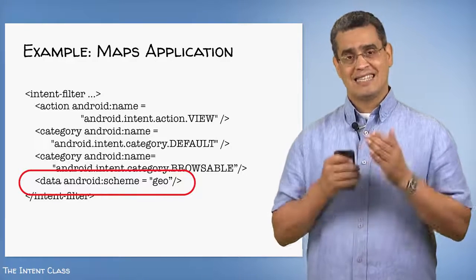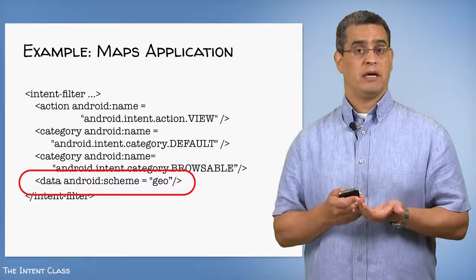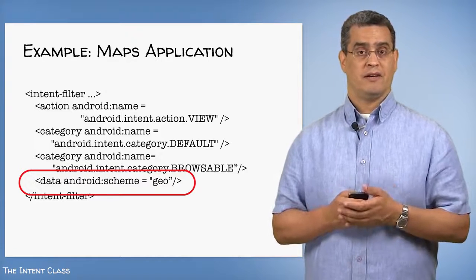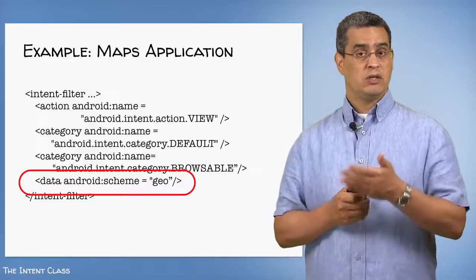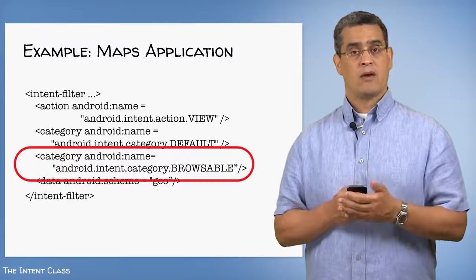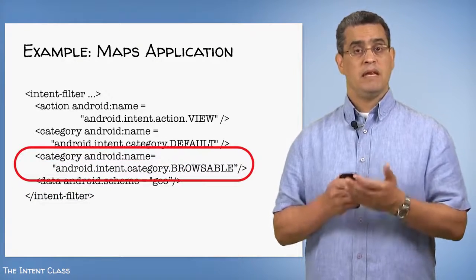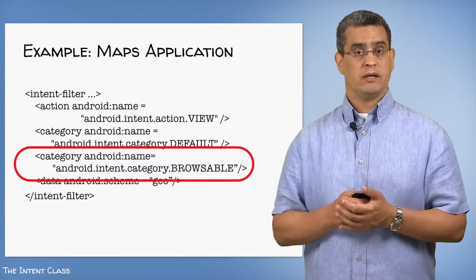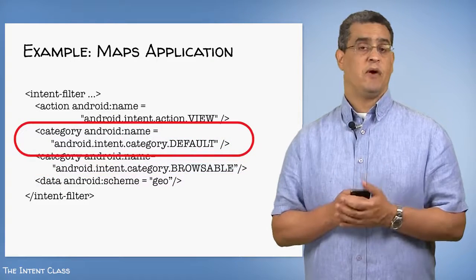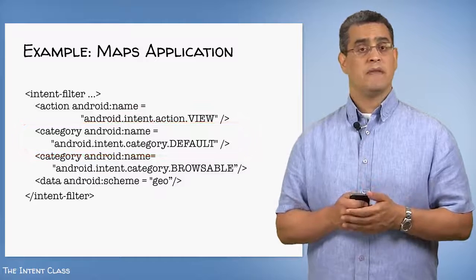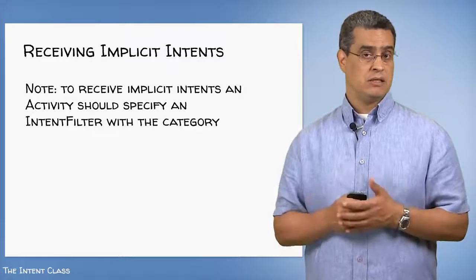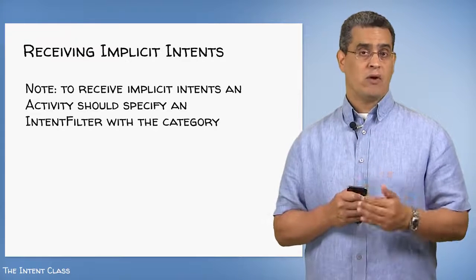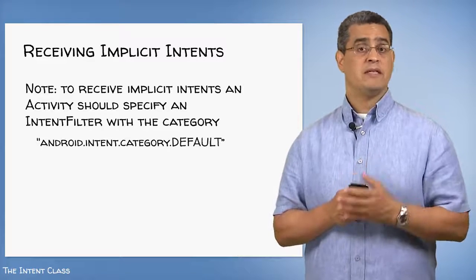In fact, this is exactly what the map location applications passed into startActivity. So going back to Google Maps, the activity also listed two categories. CATEGORY_BROWSABLE, meaning that it can respond to browser links, and CATEGORY_DEFAULT. Now it turns out that in most cases, activities that want to accept implicit intents must include CATEGORY_DEFAULT in their intent filters.